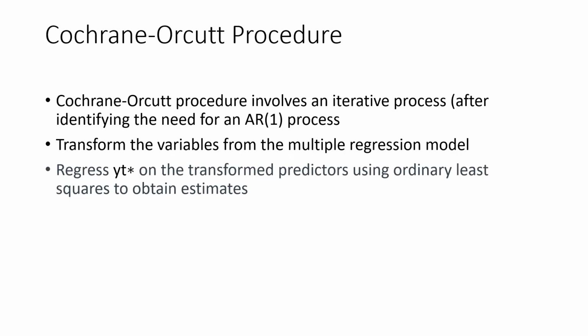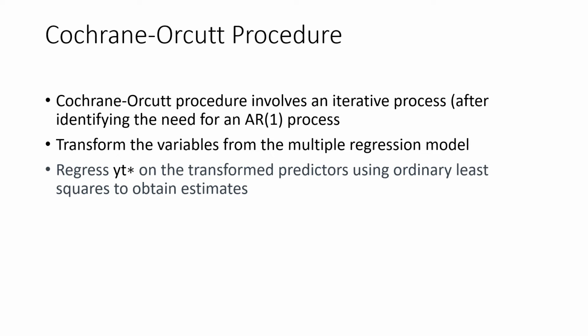Next, we have the Cochrane-Orcutt procedure. Again, this is available as such in many software packages. You can go for the same as in the case of the Durbin-Watson test. In this procedure, you go for an iterative process.